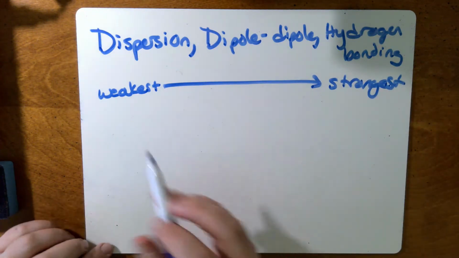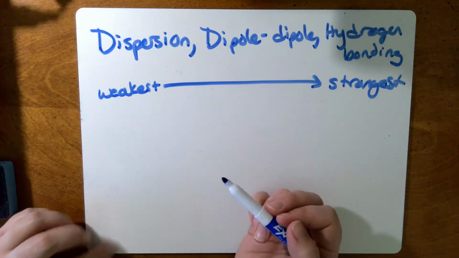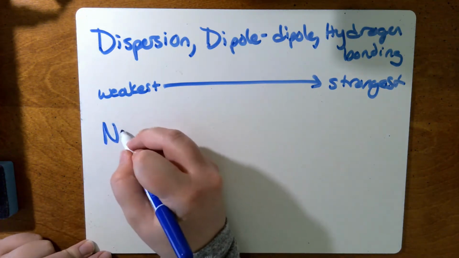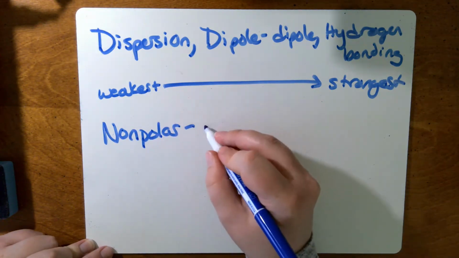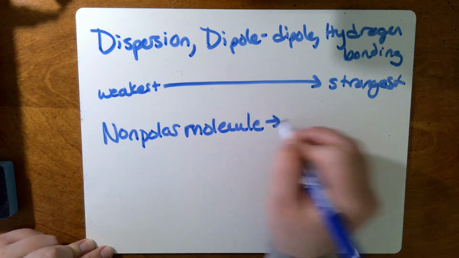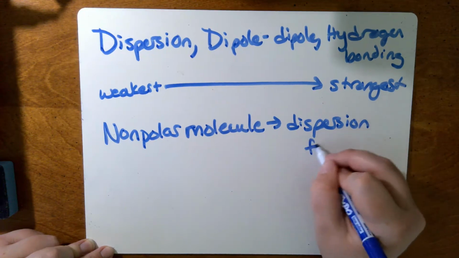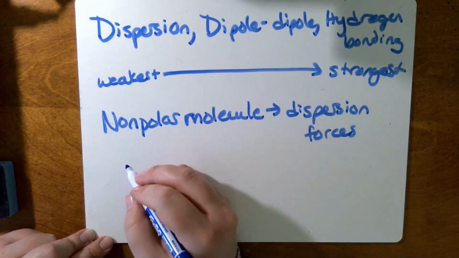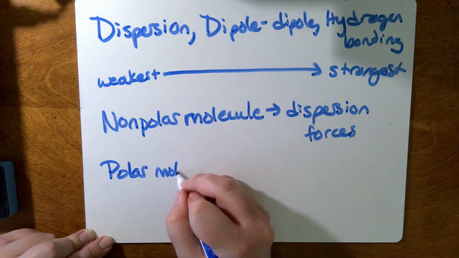Now, to figure out which intermolecular force you have, you have to know the molecule's polarity. If I have a non-polar molecule, it always has dispersion forces. So this is the molecule overall, not the bonds. If I have a polar molecule, there are then two choices.